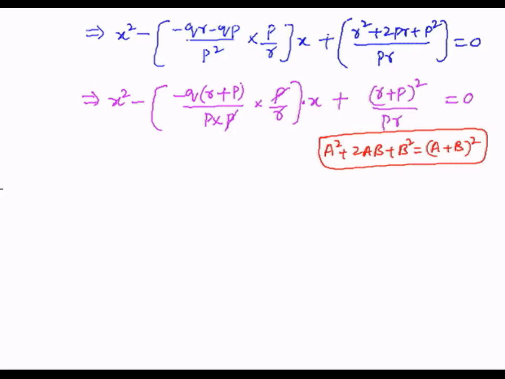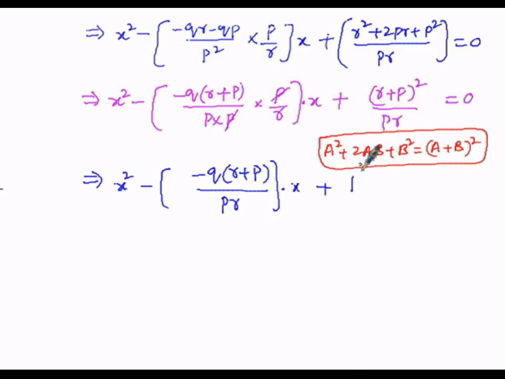So that implies x square minus, minus q into p plus r, plus p, overall divided by p into r as pr, into x plus r plus p whole square overall divided by pr is equal to 0.